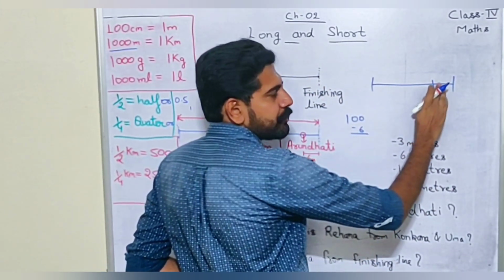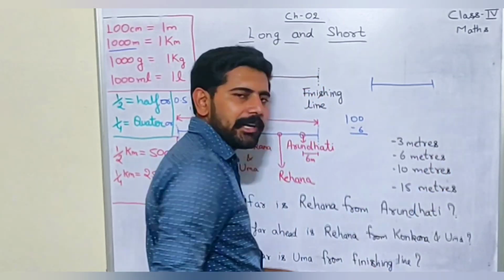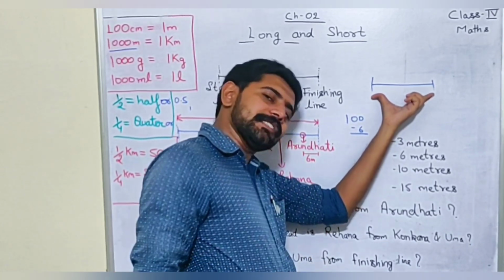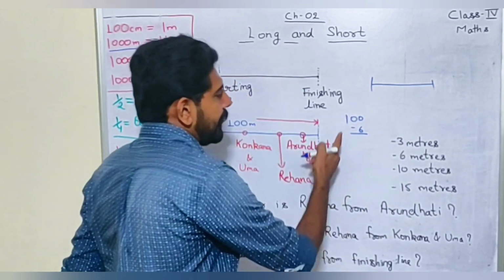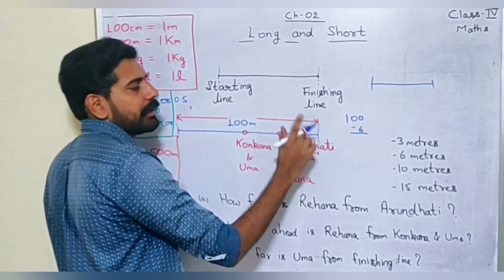If Arundhati has not run this part and we subtract this part, this will be the part which Arundhati has run. Okay, that means we are subtracting 6 meters from total 100 meters.